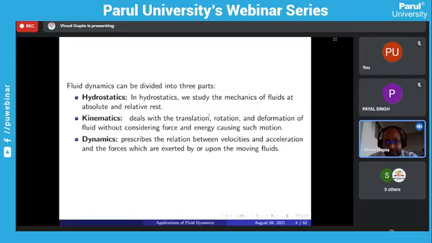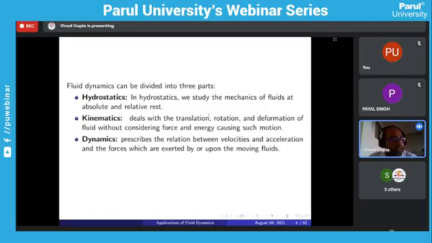In kinematics, we deal with the properties of fluid, such as rotation and deformation of fluid. And here we will not consider any external forces.